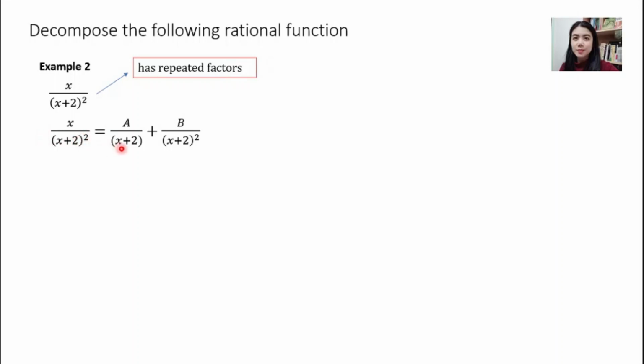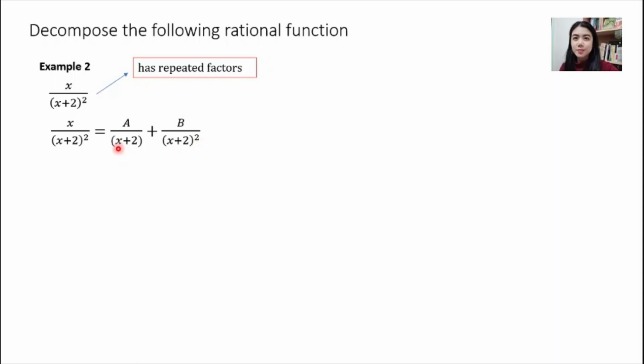So you write the fractions, beginning with x plus 2 to the power of 1 here, followed by x plus 2 again for the second time, and power of 2 here. Now we only have 2 fractions because the highest power of the bracket is 2. Therefore here it is only until power of 2.